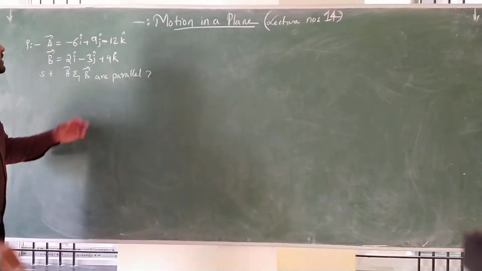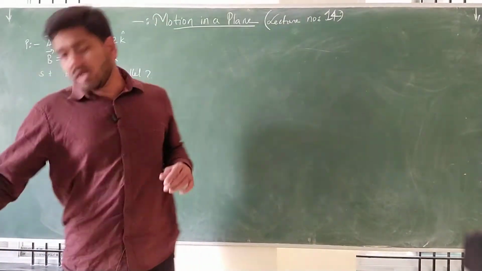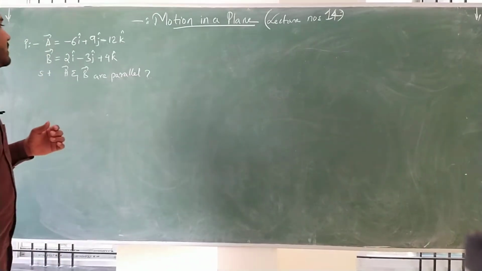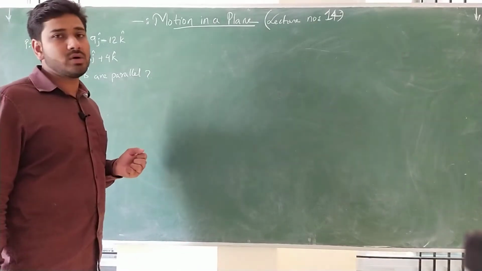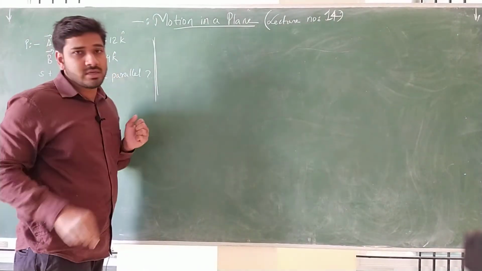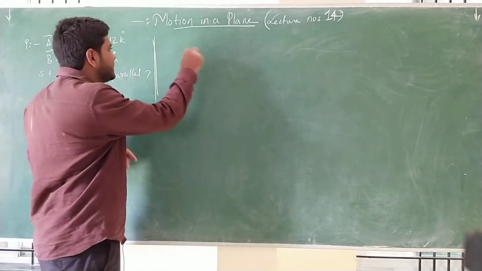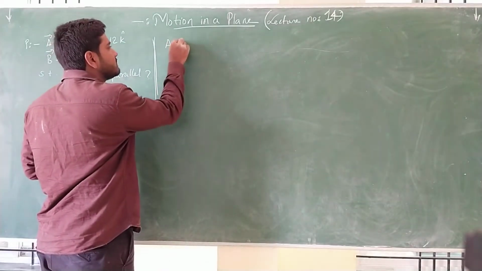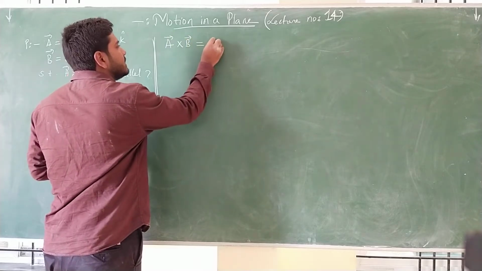So let's see how to do it. In the previous classes, if you remember, when there are two vectors which are parallel to each other, the cross product of those two vectors will be how much? 0.